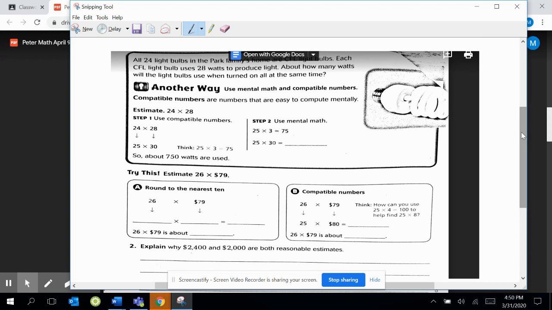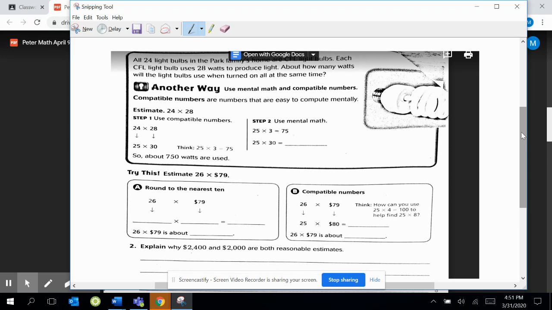And the new problem says all 24 light bulbs in the Park family's home are CFL light bulbs. Each CFL light bulb uses 28 watts to produce light. How many watts will the light bulbs use when turned on all at the same time?